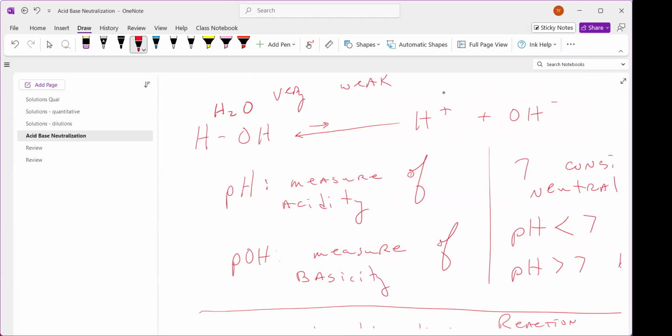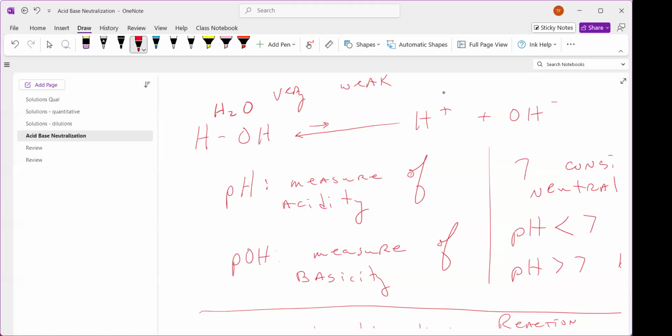Water has an H in it and an OH in it. So what happens with water, it dissociates into H plus and OH minus. So water is both an acid and a base at the same time. And it's extremely stable.